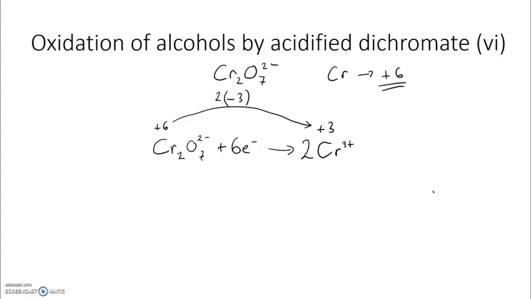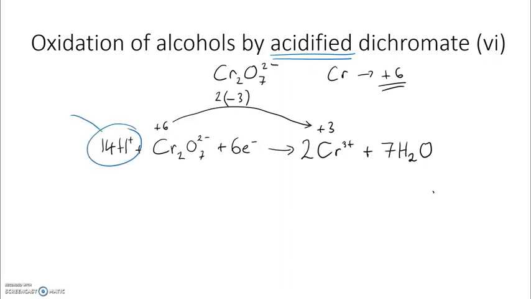Then we need to sort out our unbalanced oxygen atoms. So we've got 7 of these, so we're going to have 7H2O being formed. And therefore, on the left-hand side, I'm going to have 14H+ provided. Now, having written out this half equation, you can see why we specify that for this oxidation, the dichromate(VI) has to be acidified.